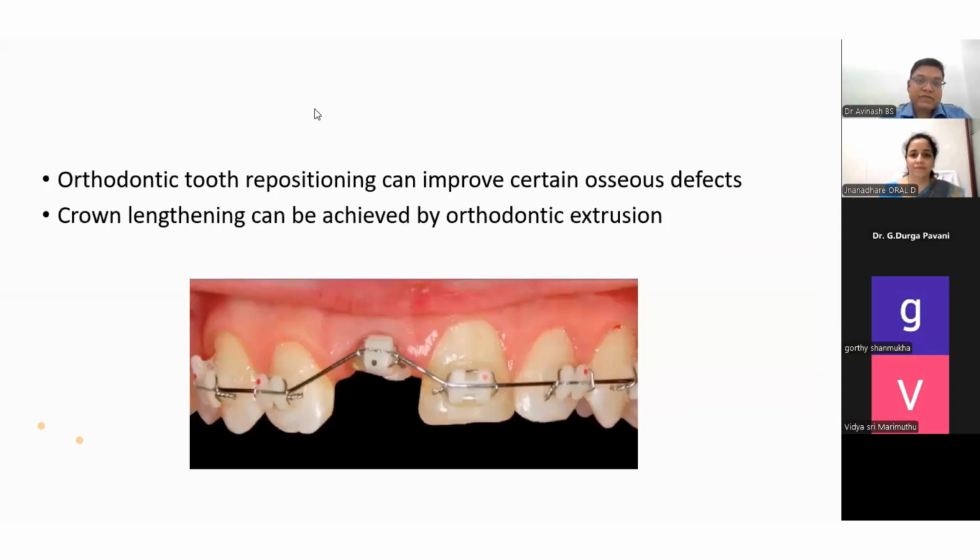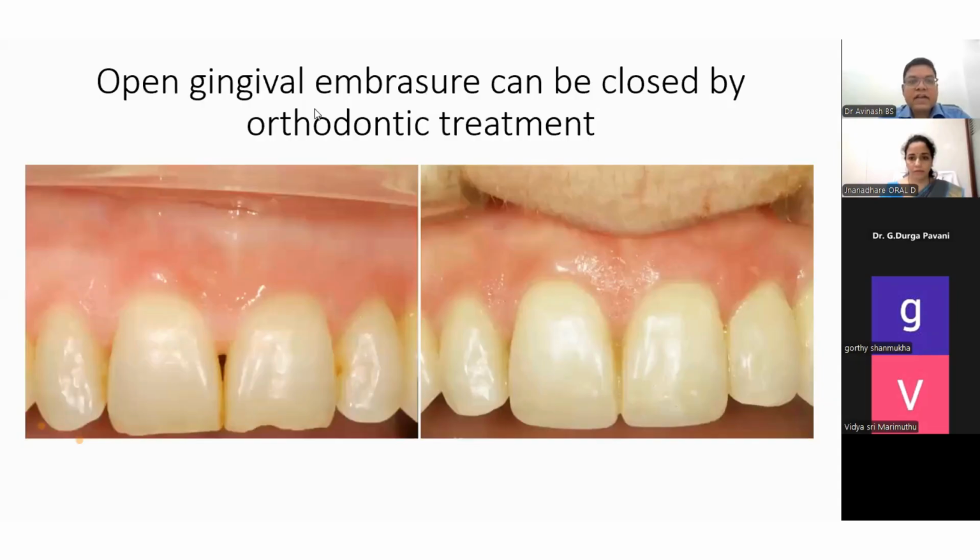And in some cases where we have to do a crown lengthening procedure, we can use orthodontics to do the crown lengthening so that we can restore the tooth. As you can see in the picture on the left side, there is a black triangle. Just by doing minor orthodontic treatment, it is filled with gingiva.